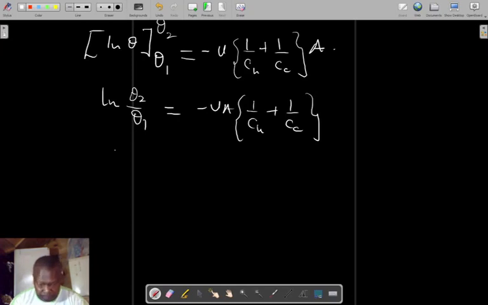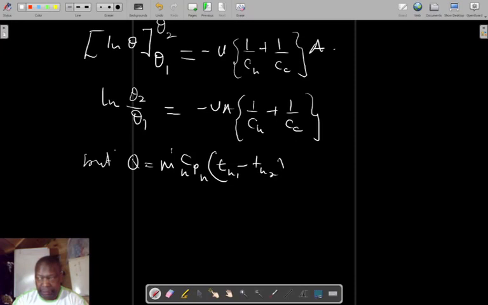But Q is equal to the mass flow rate of the hot fluid times its specific heat capacity times the temperature change of the hot fluid, which is TH1 minus TH2.